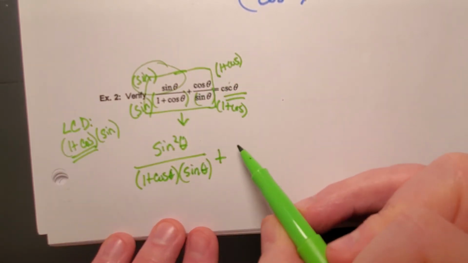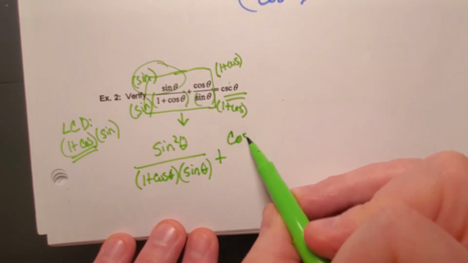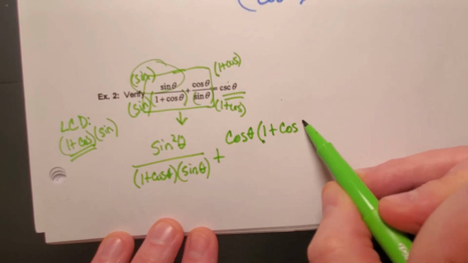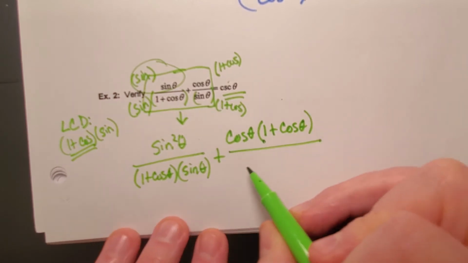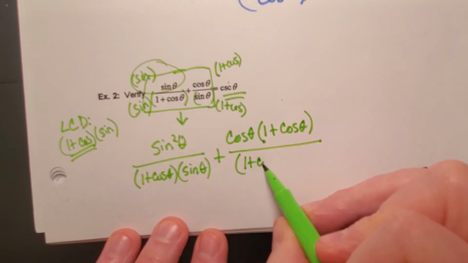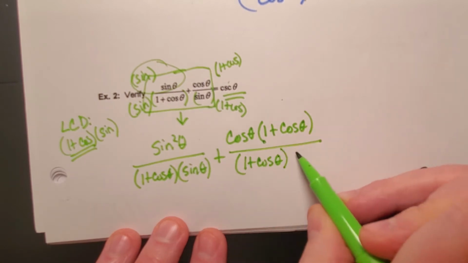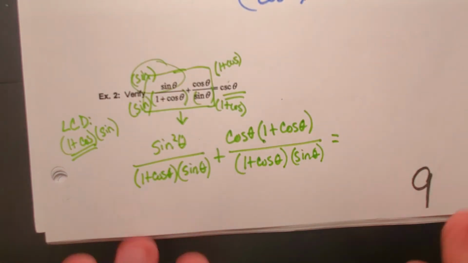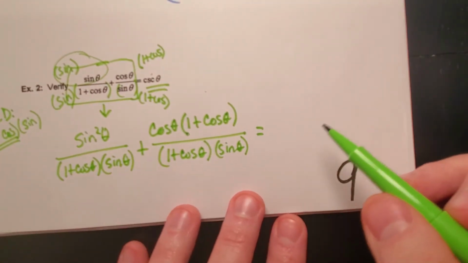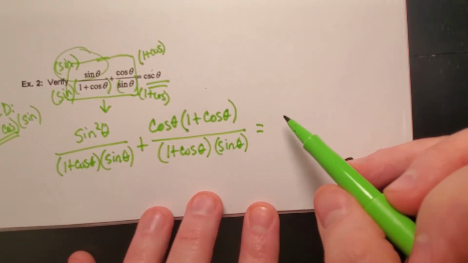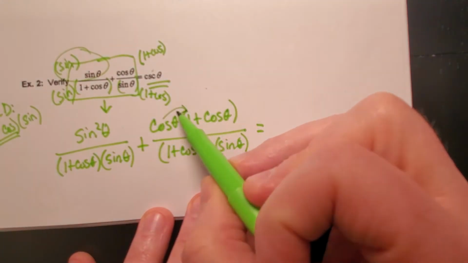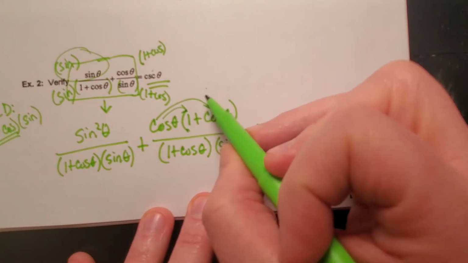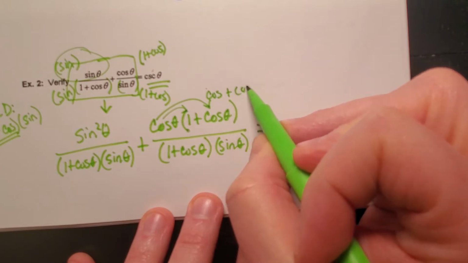Plus, and then at the top, I won't distribute it right away, but I have cosine theta times 1 plus cosine theta, all over my LCD, 1 plus cosine theta times sine theta. Now, if I add like terms together here, no, not yet. Let's distribute. That would give me cosine plus cosine squared.